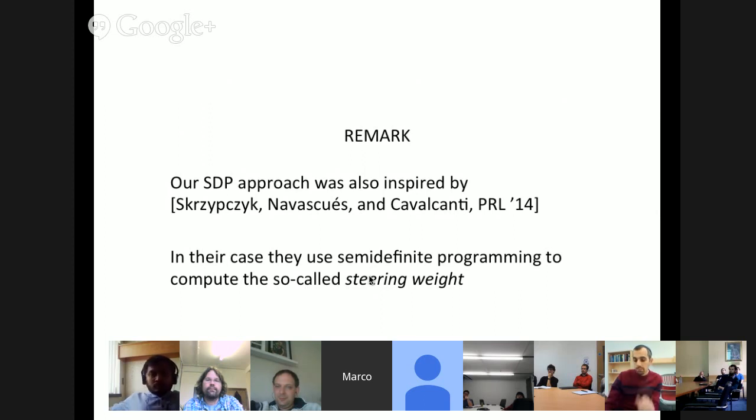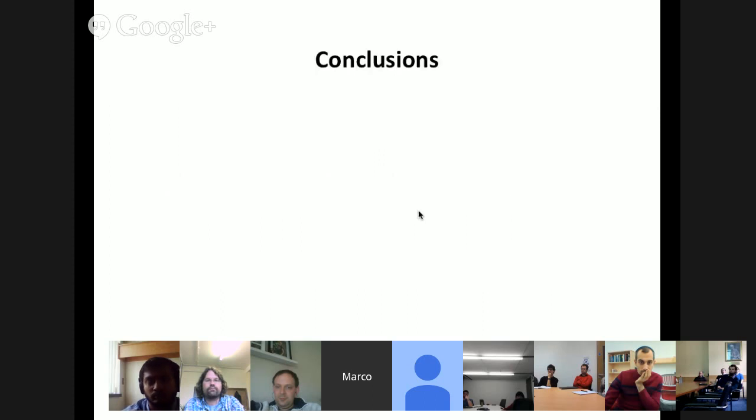I can comment later on this during question time. But let's say that the two approaches share some tools and have a somewhat similar spirit, but they focus on different properties of steerability of assemblages.